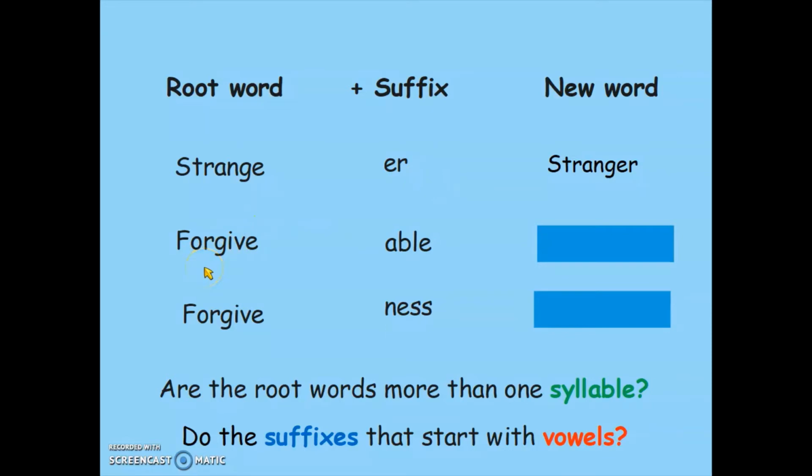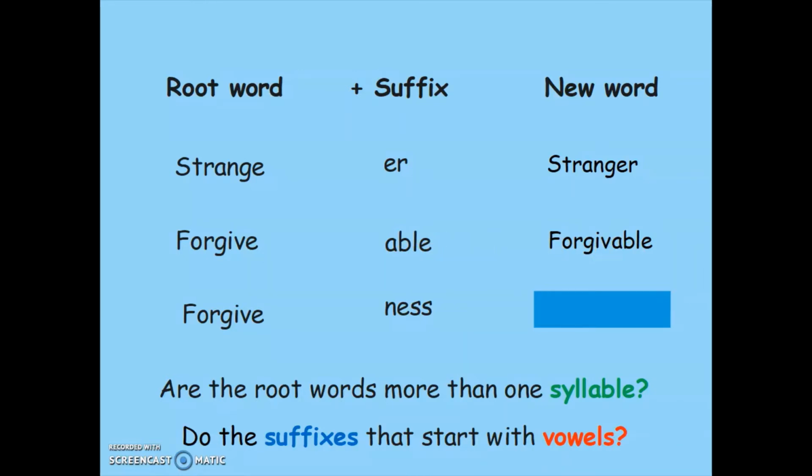The second one, the root word is forgive. The suffix is able. The new word, forgivable. And again, you should have lost the E and added the suffix.